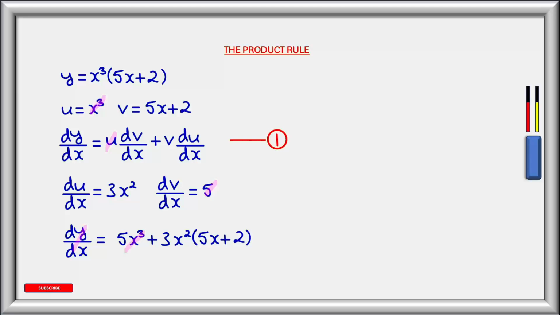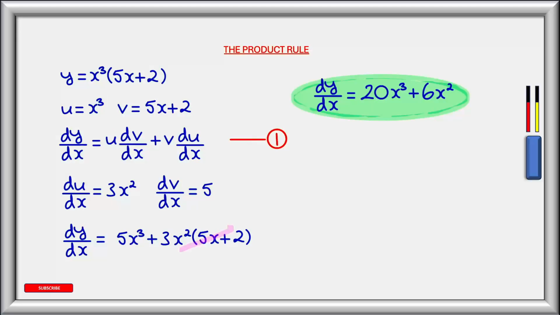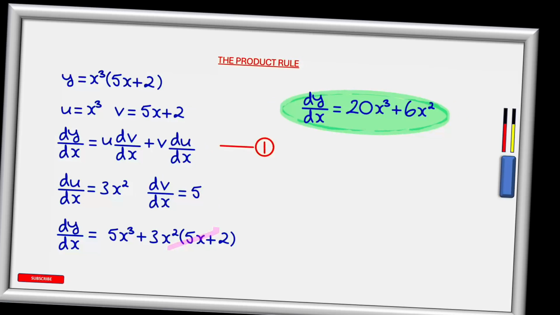This gives 5x cubed plus v, which is equal to 5x plus 2, multiplied by du by dx, which is equal to 3x squared, giving 3x squared into the bracket of 5x plus 2. If we expand these brackets and simplify this further, we get our final result, where dy by dx is equal to 20x cubed plus 6x squared.